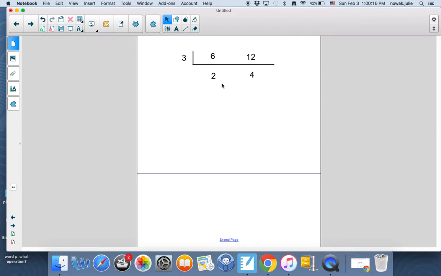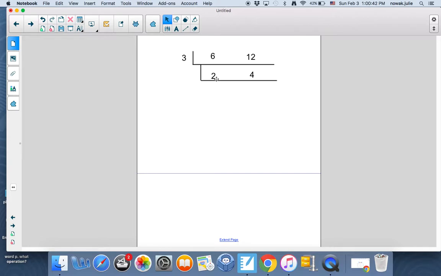Then I still have two numbers here that have a common factor. 2 goes into 2 and 2 goes into 4. So I'm going to draw another one of these lines, and continue.